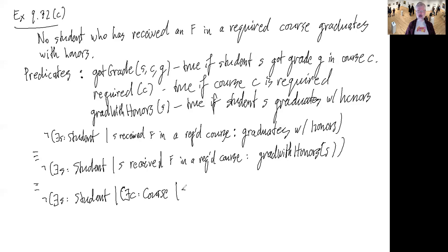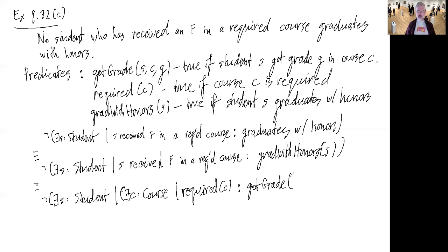So we could say, and because of trading, there's a bunch of ways we could do this, but we could say there exists a course C such that C is required and GotGrade. So GotGrade takes a student, a course, and a grade.